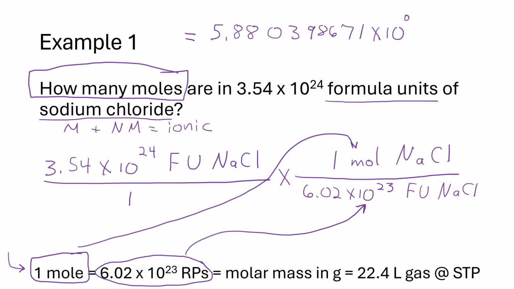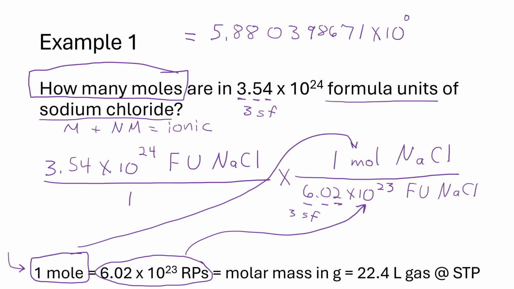Okay, any number raised to the 0 power is 1. So that times 10 to the 0 is just saying times 1, so I don't really need to write that and multiply by it. And then I also need to consider significant figures. For significant figures in scientific notation, we look at the numbers that are in front of the power of 10. So the number we were given, 3.54 times 10 to the 24th, has 3 sig figs. 6.02 times 10 to the 23rd, that only has 3 sig figs as well.